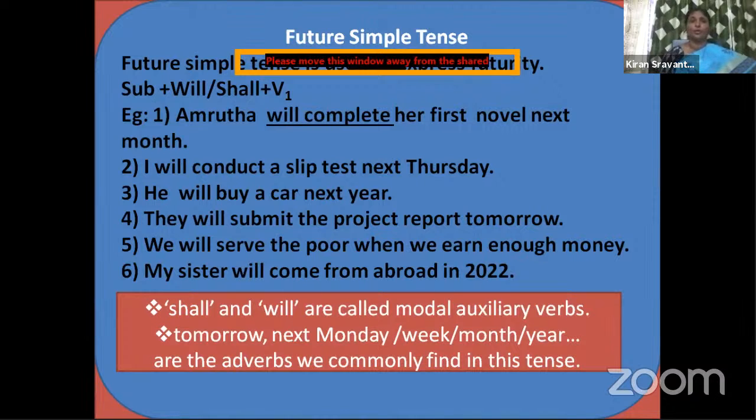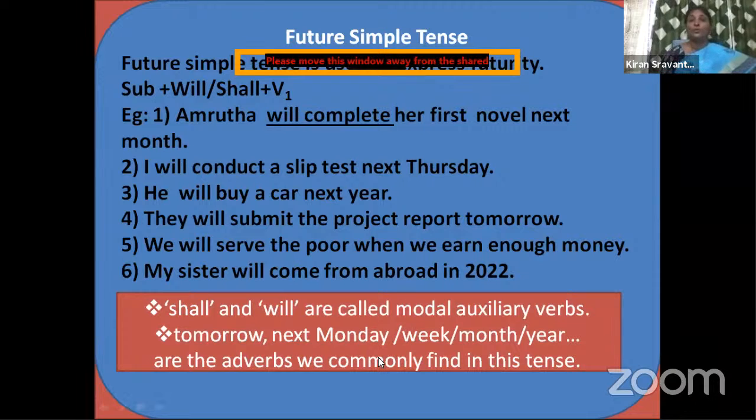Once again, when you talk about future tenses, generally we make use of future simple and future continuous tense. Future perfect and future perfect continuous tense are rarely used. Future simple tense is used to express futurity, and its structure is subject plus will or shall plus V1.